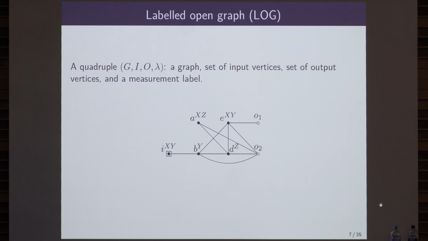So let's look now at what is a labeled open graph. This is the structure that I will be using to fully denote the measurement-based quantum computation that one wants to perform. So a labeled open graph is a quadruple that consists of an open graph, so G, I, O is an open graph, and then a measurement label, so a choice of measurement for each of the measured qubits.